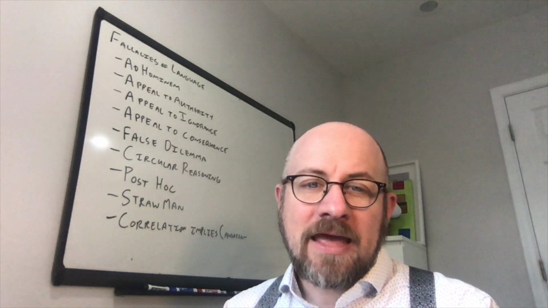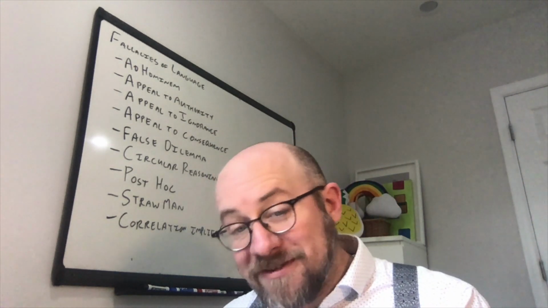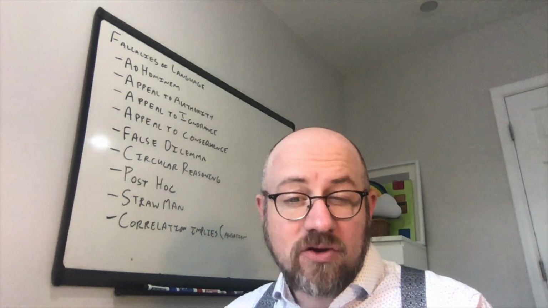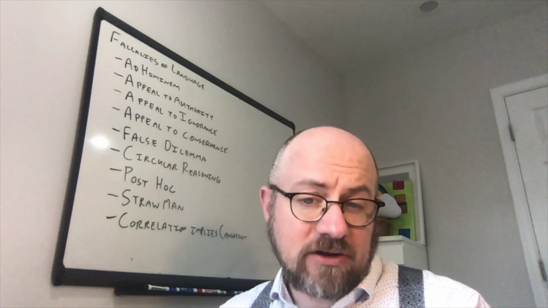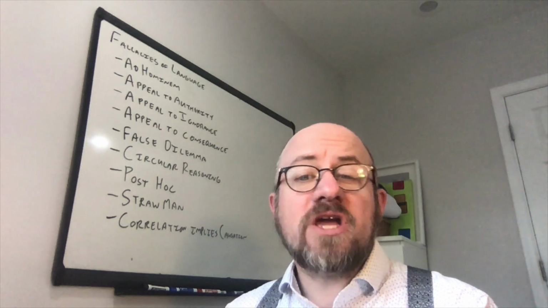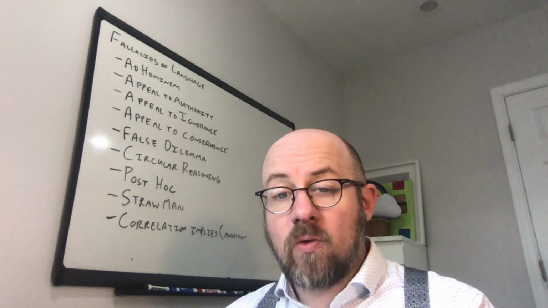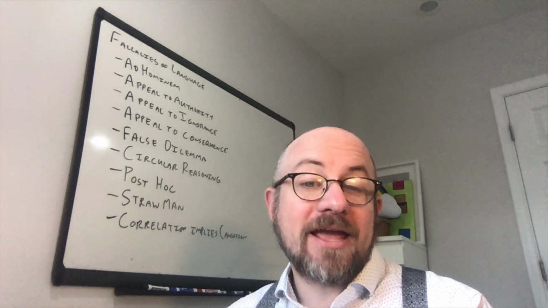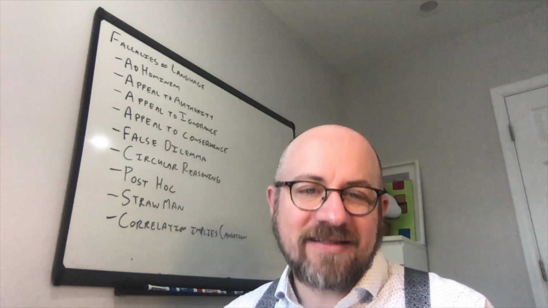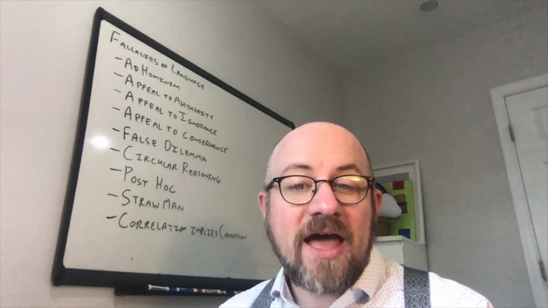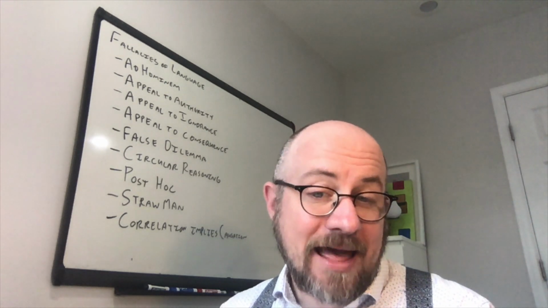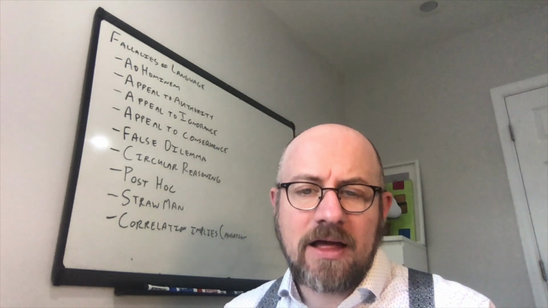Okay? Next one is kind of the opposite of that. This is an appeal to ignorance. So an appeal to ignorance says because we don't know whether something is true, it could be true or it is true, right? Classically, an appeal to ignorance would say we can't prove that this didn't happen, so it did happen.